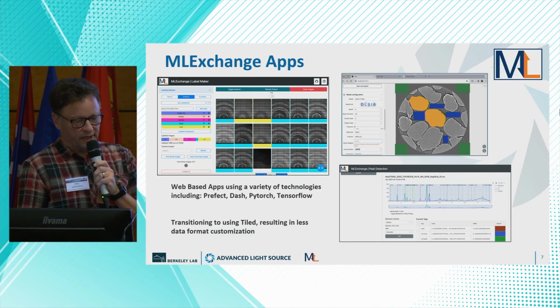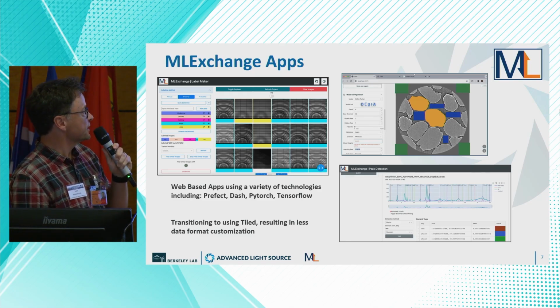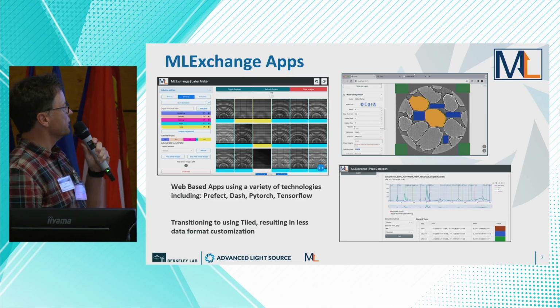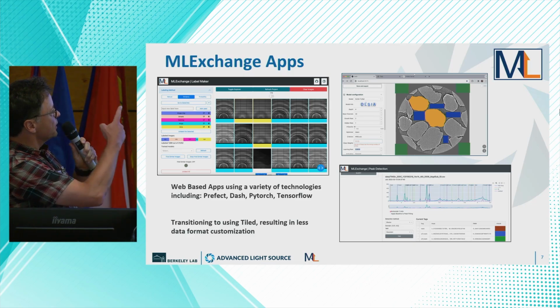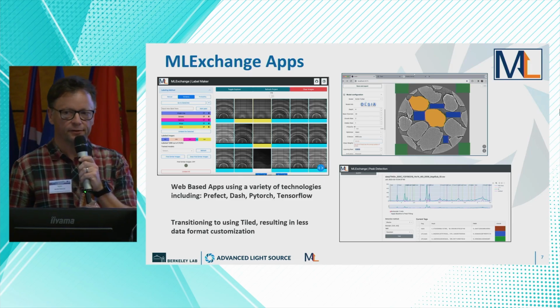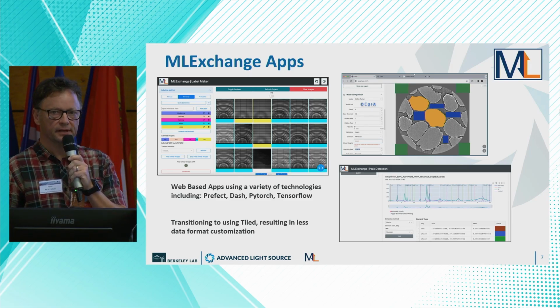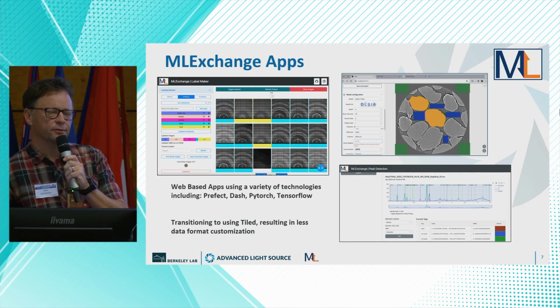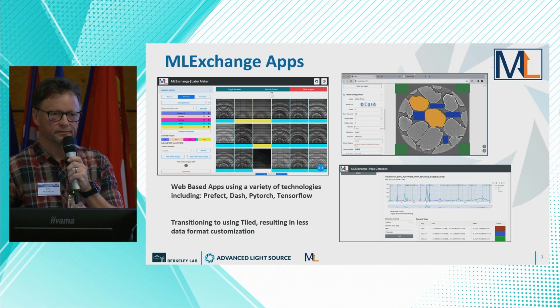A few of the example applications that we can talk about. On the top left, we have a thing called Label Maker, which uses a model that's trained to recognize features to assist in the manual categorization of images.